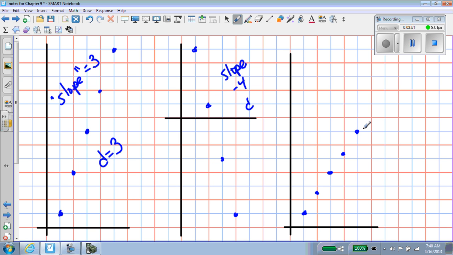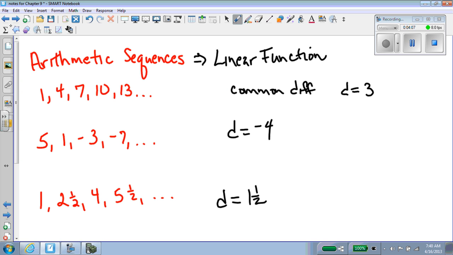Again, we get that nice linear feel with a slope of up 1.5 over 1, or if you want to think about it in smaller increments, up 3 over 2. So the look of an arithmetic sequence is linear. Okay, so there is a very strong connection between arithmetic and linear. Arithmetic sequences look linear. They're just not connected.